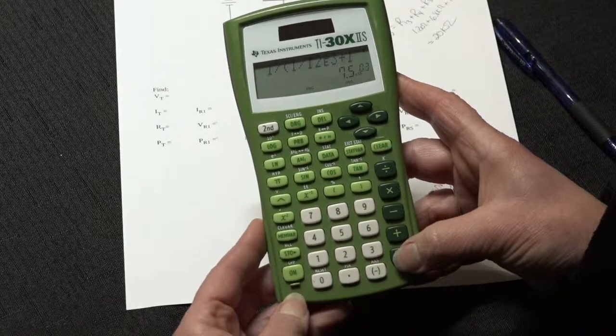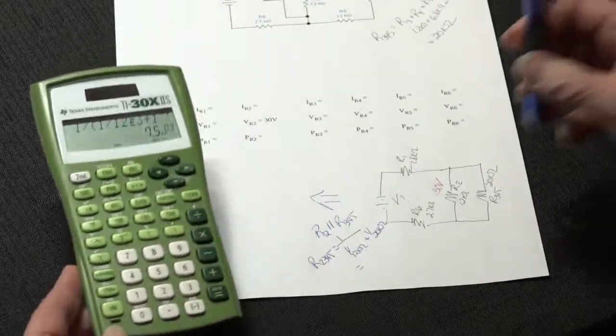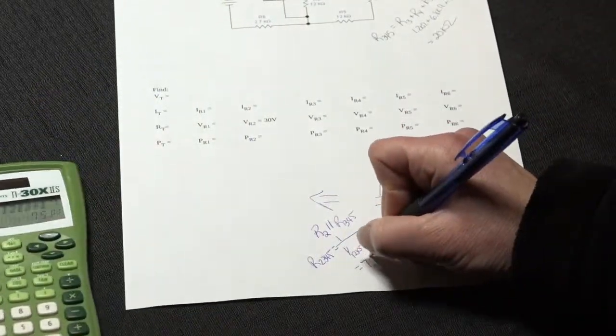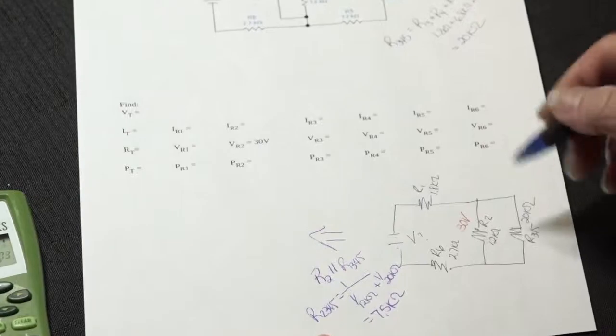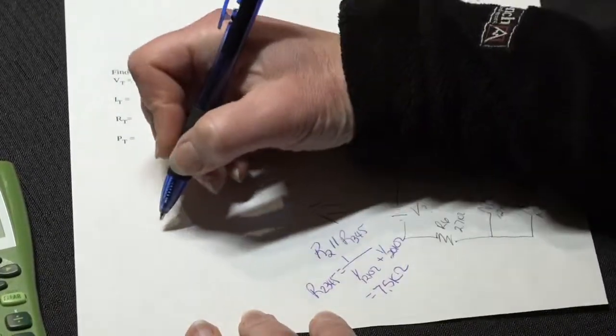And that gives us 7.5K. So we've got 7.5K ohms. And we're going to take that information and draw it over here.